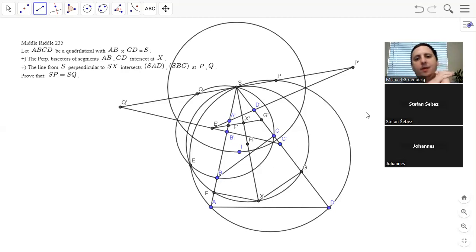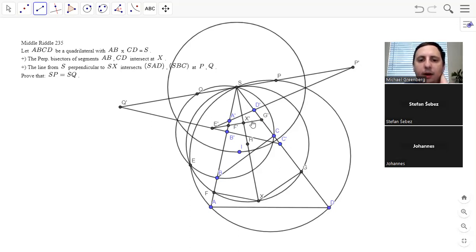Exactly. And what we need, I mean, we have that PQ is the tangent to this circle, S, E, F, X, G. So that line PQ will be just parallel to F prime G prime. Sorry, PQ is parallel to F prime G prime?